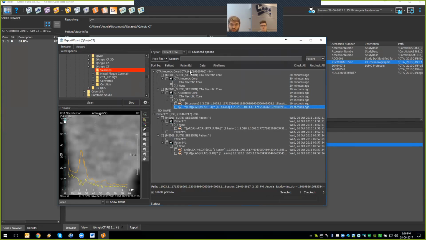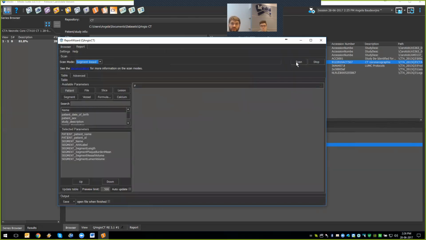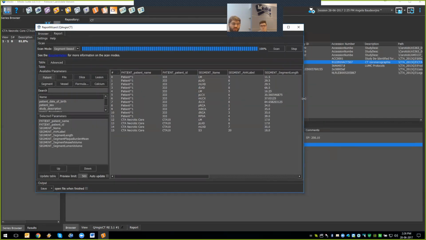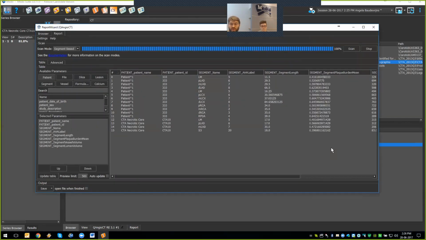But this is one patient, and we also have another patient here. So if I do a quick selection of all the data here, and quickly scan all of this, we would get a table showing different parameters for all these patients. The choice of the parameters is rather broad, and you can pick and choose from different categories of data you want to export, like segment-based, lesion-based information, a lot of information there.